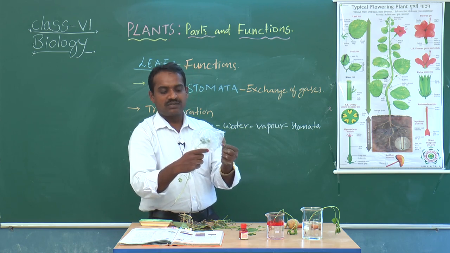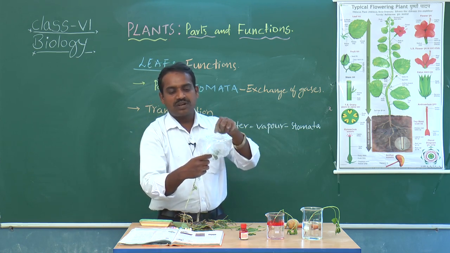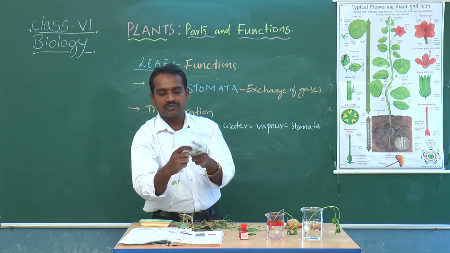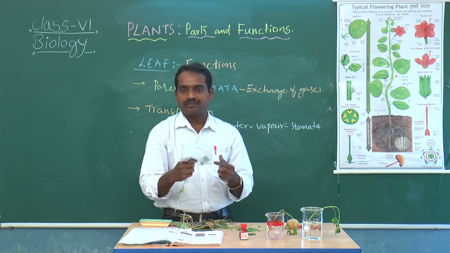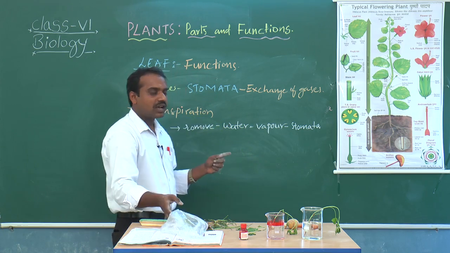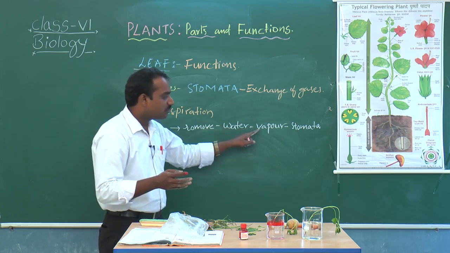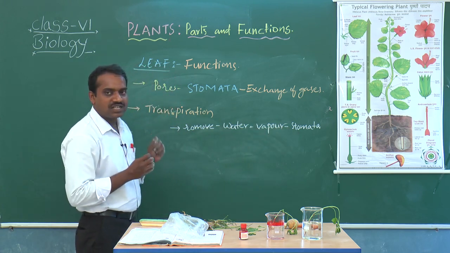After 2-3 hours, we can observe droplets of water on the inner surface of the polythene cover. Where did these water droplets come from? It's nothing but the plant removing the excess water in the form of vapor through the stomata. This is called transpiration.